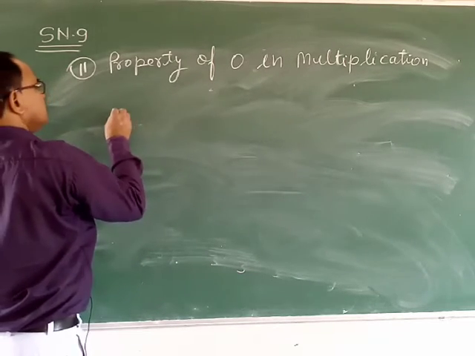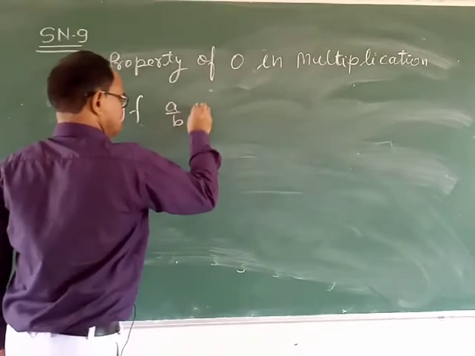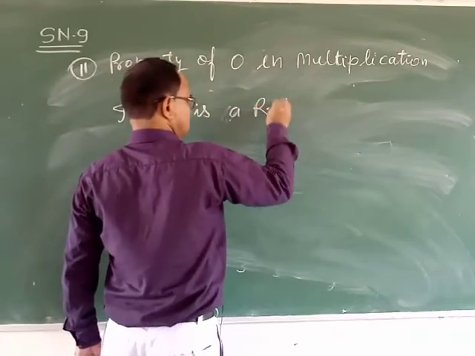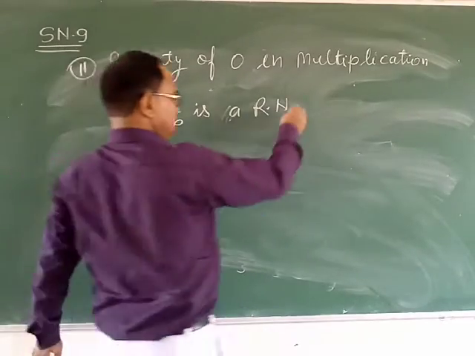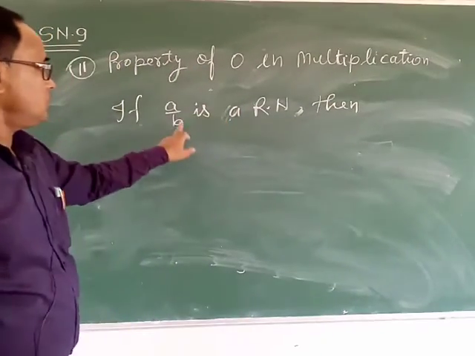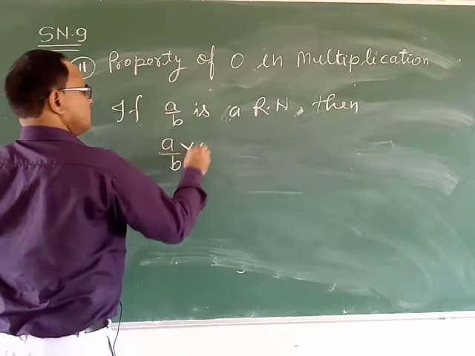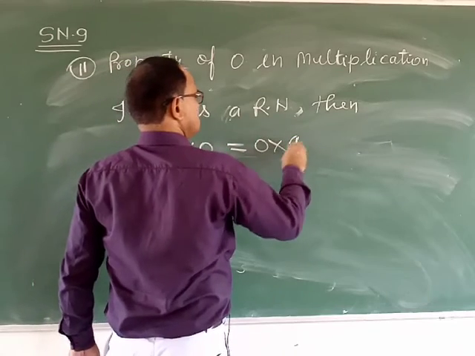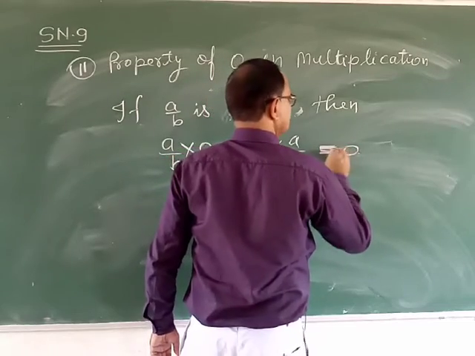Here, if A by B is a rational number, then when we multiply 0 with this rational number, A by B multiplied by 0 or 0 multiplied by A upon B is equal to 0.